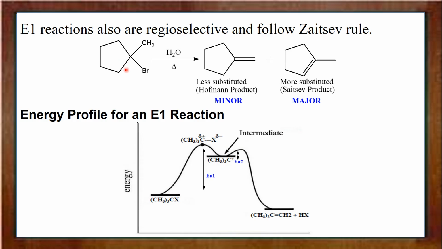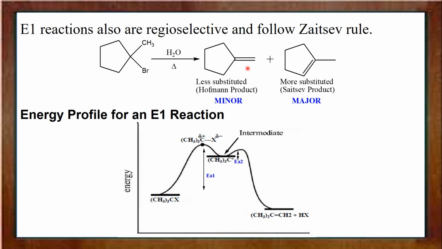Therefore, the pi bond is formed as an endocyclic pi bond here. Suppose, let us consider deprotonation is taking place from methyl carbon, the beta carbon. You will have a double bond here in the product, an exocyclic double bond.